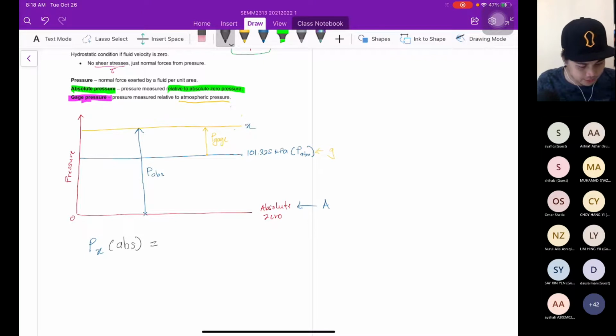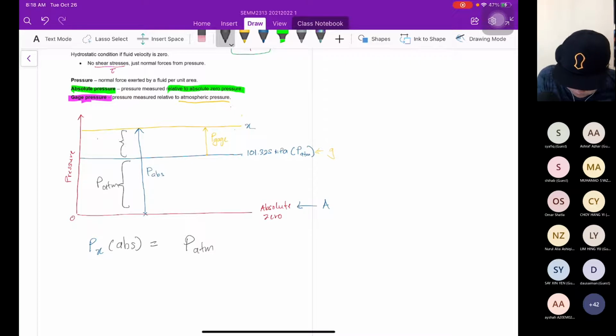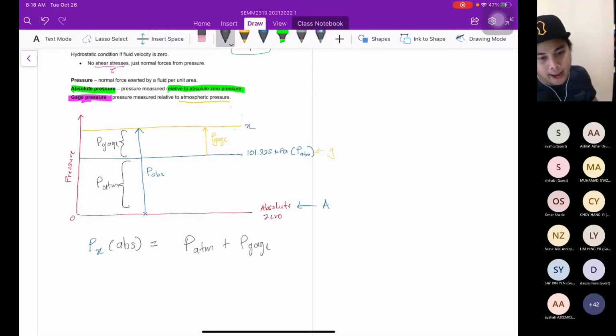Definitely PATM, you can see here this is PATM, plus P gauge. Then you will get the P absolute at X.